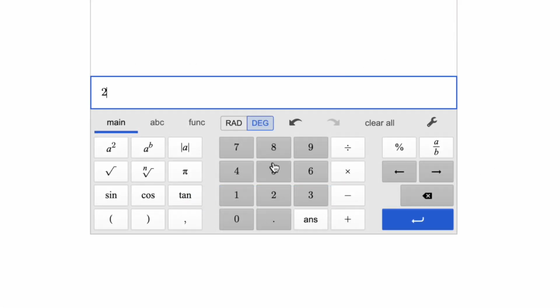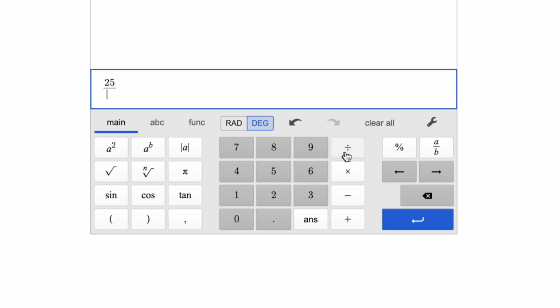You can also type this on your keyboard if you prefer, and then the division symbol, and then the 99. And it's really nice in these online calculators because it shows the division as a fraction, so we're able to really see that we've entered it correctly. It gives us that 25 over 99 is equal to 0.2525252525. And we'll give it back to Eric.